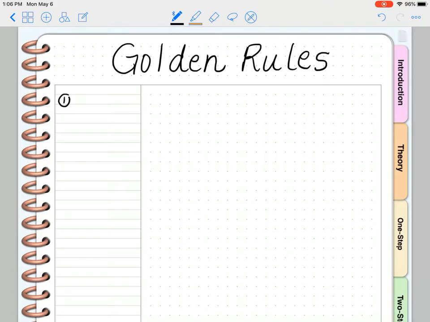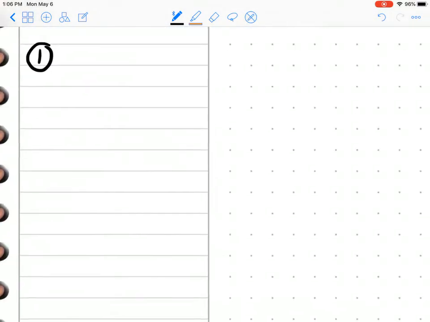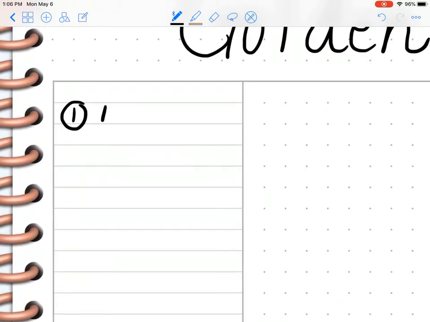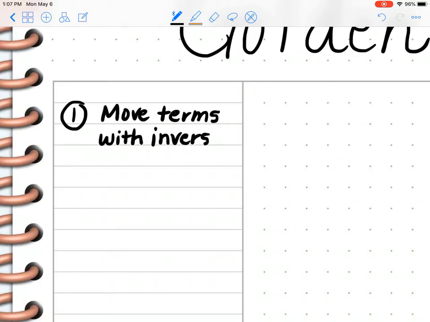So the first golden rule, and I'm going to zoom in here, is that we move terms, and remember, you know the definition of term. That's one of your vocabulary words. You move terms with inverse operations. And remember, the word inverse means opposite.